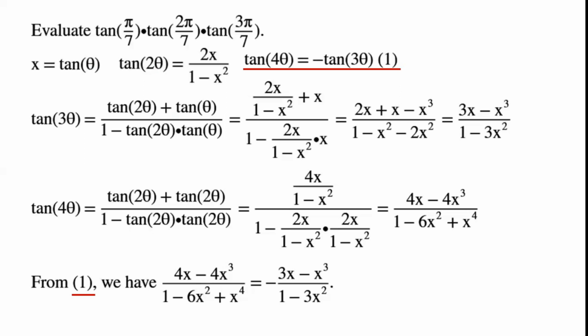From 1, we have 4x minus 4x cubed over 1 minus 6x squared plus x to the power of 4 equals minus 3x minus x cubed over 1 minus 3x squared.